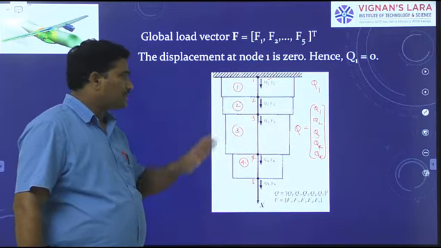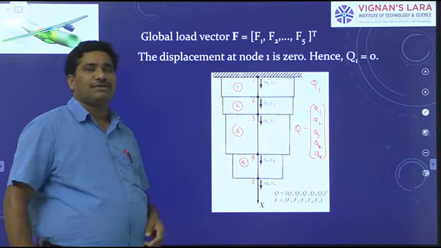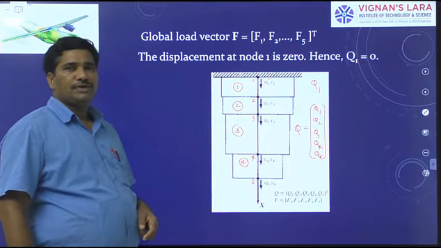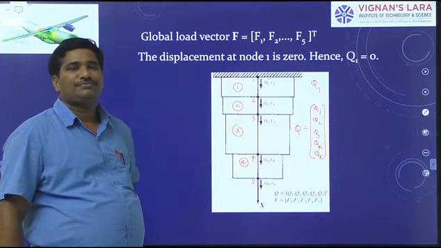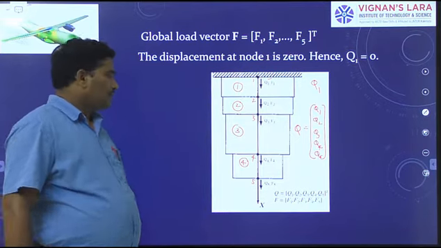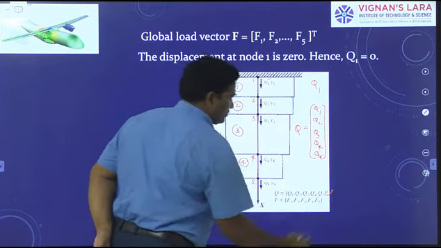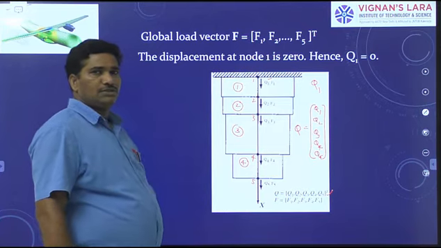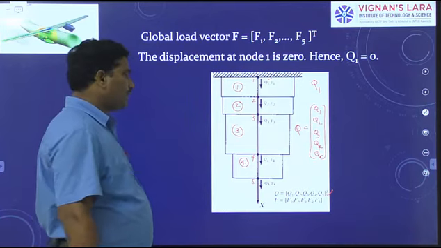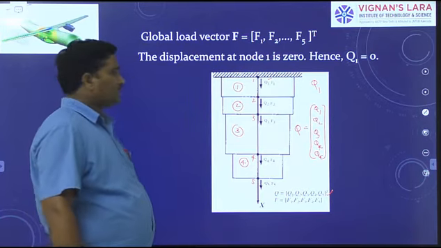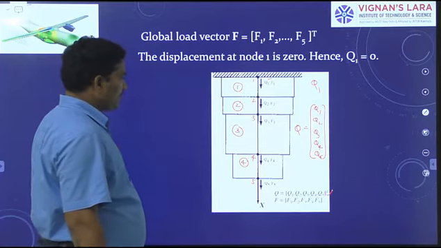We define this global displacement vector as the column matrix. Understand? Therefore, you can write this Q as the transpose of a row matrix also. Okay? Next.